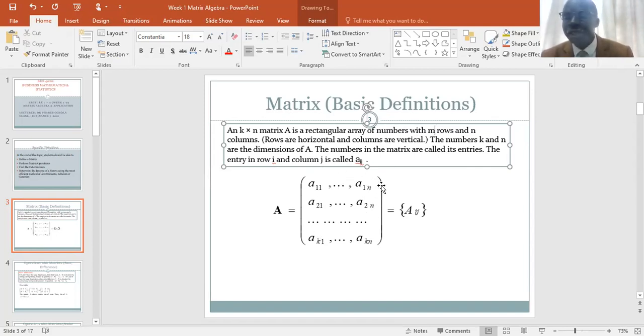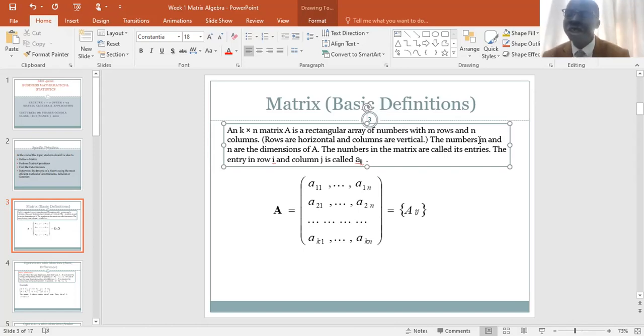Then a matrix is normally denoted by a square bracket, not a standard bracket, square bracket on both sides. That is a matrix. So the number of m and n that makes up a matrix is called its dimension.